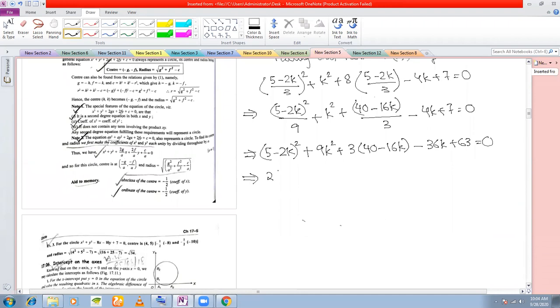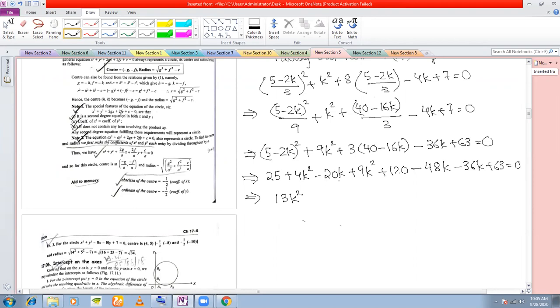Now you expand by the (a minus b) whole square formula: a square plus b square minus 2ab, plus 120 minus 48k minus 36k plus 63 equal to 0. So k square you combine to get 13k square.